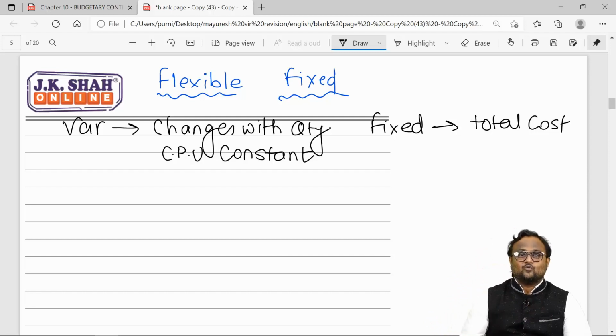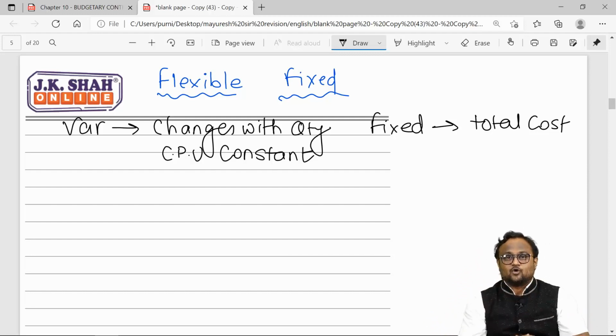But variable cost is always something that changes with the change in the quantity. And that is mainly because the cost per unit of variable cost is always the same. Since cost per unit is the same, you have to be very careful.